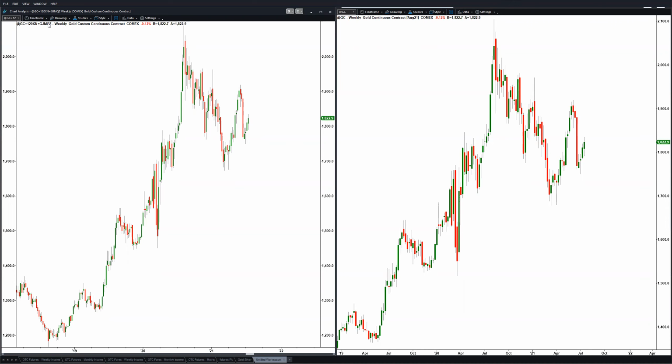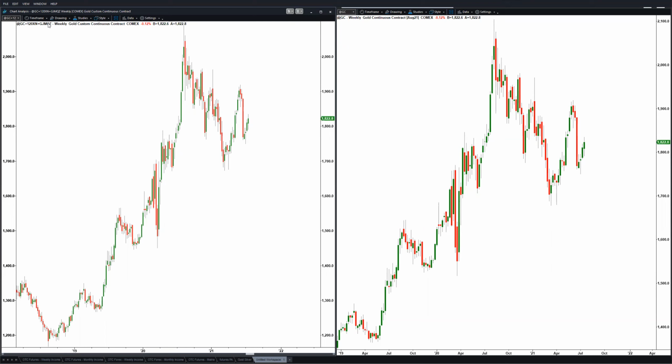Plus, when the rollover happens, the chart at GC is used by institutional algorithms, because algorithms can have a hard time reading gaps as well. So the programming of the adjusted charts works in a way that the gaps get erased.